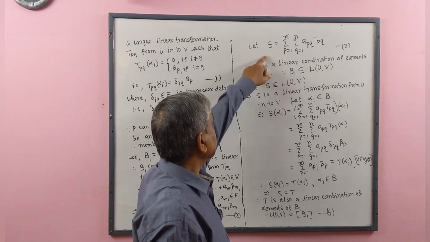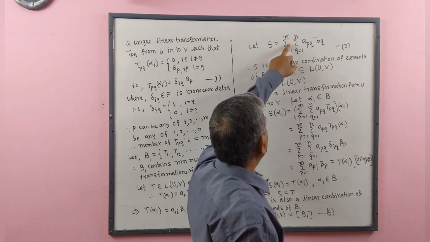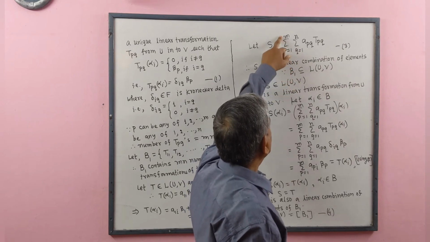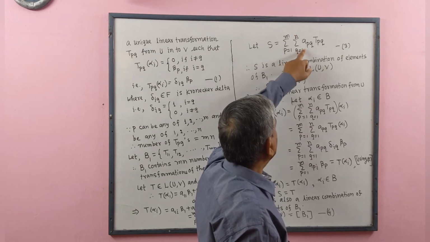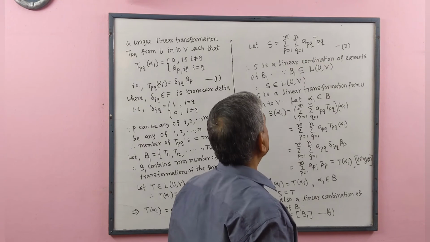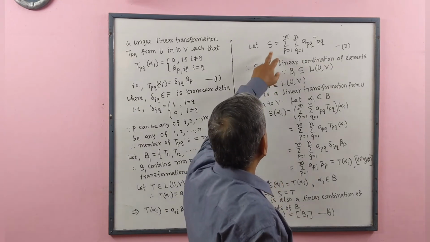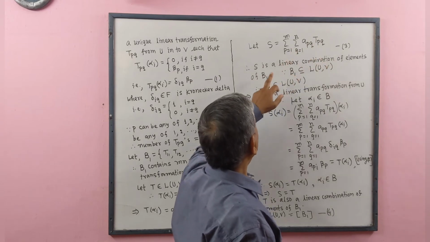Let S equal to sigma P equal to 1 to M, sigma Q equal to 1 to N, APQ T PQ. That is, S is the linear combination of elements of B1.